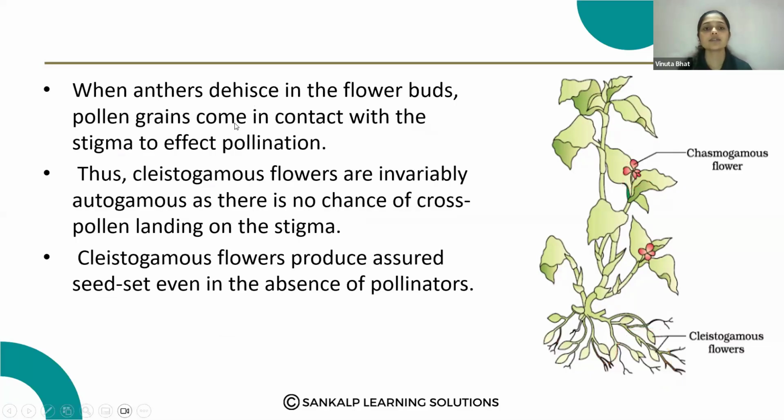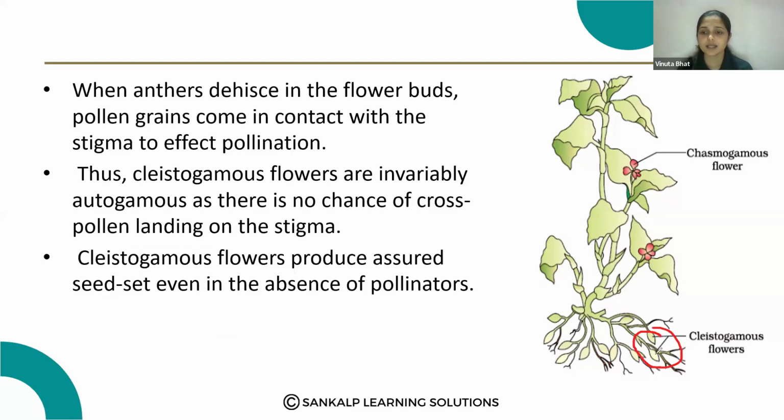When the anthers dehisce in the flower buds, the pollen grains come in contact with the stigma to effect the pollination. Thus cleistogamous flowers are invariably autogamous because there is no chance of cross pollination and landing of the pollen grains on the stigma, because they do not open at all.